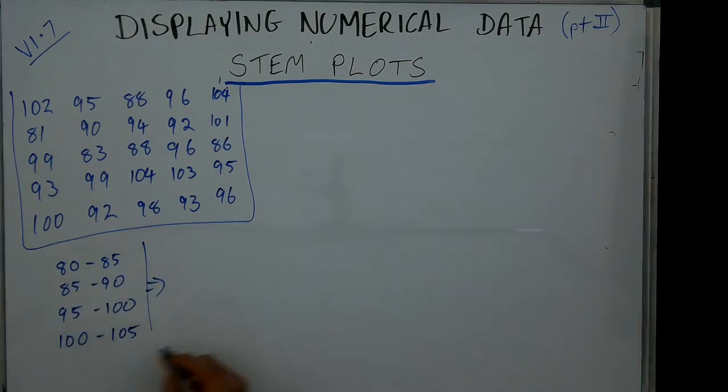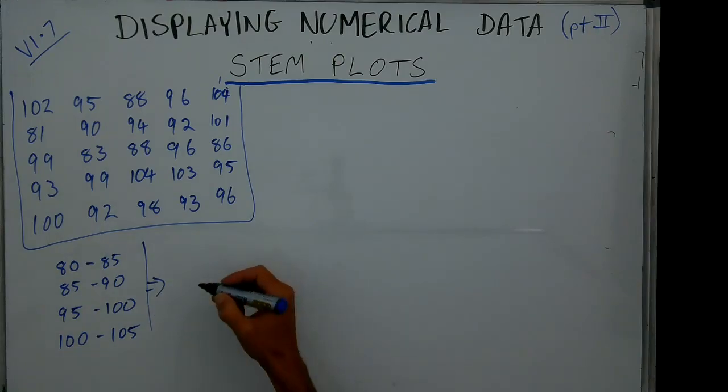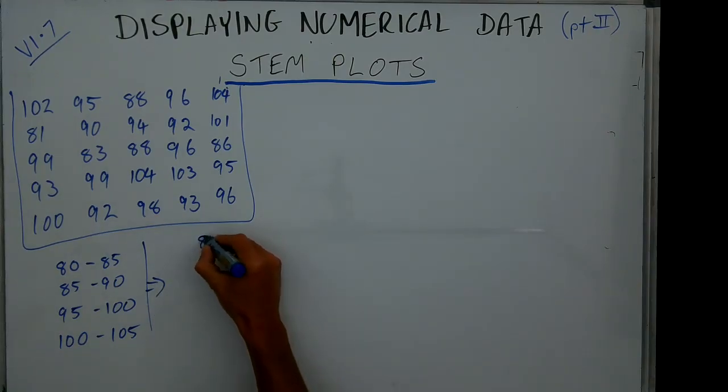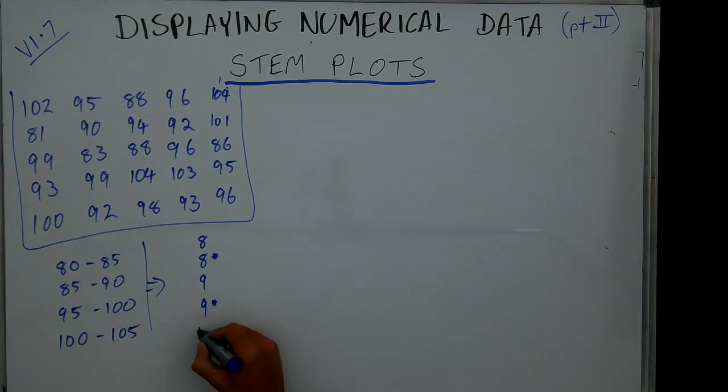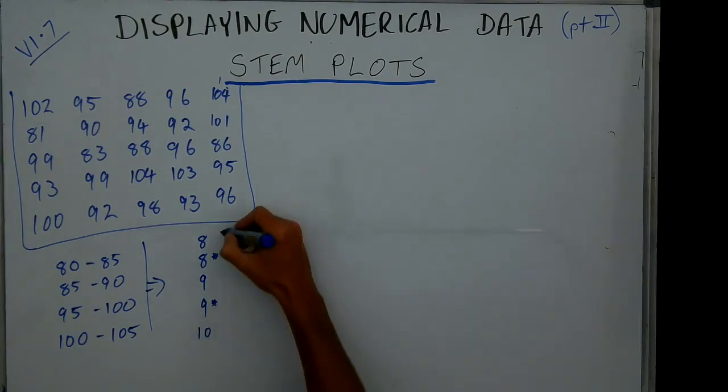When we get to 10, we'll put a 10, so you'll see 8, 8 star. So this is all the 80 numbers, all the 85 and above, the 90 numbers, 95 numbers, and the 100 numbers.